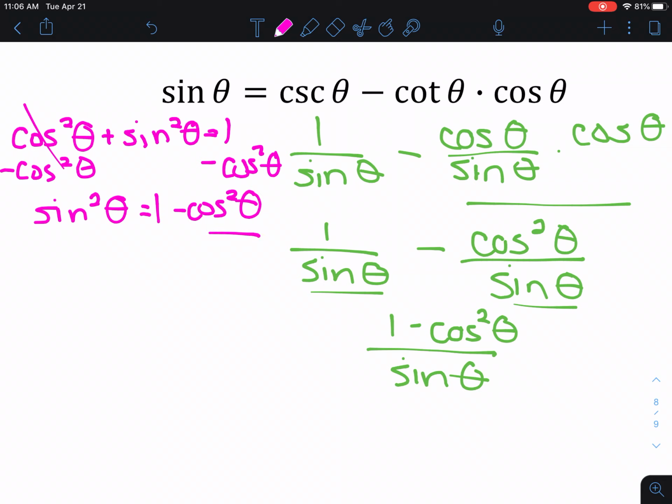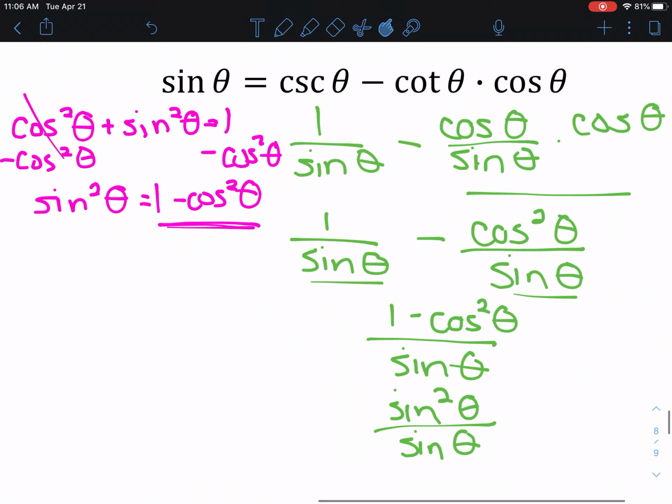So that means this right here is the same as the top of what I've got over there. So let's finish this off. The top is now going to be sine squared theta over sine theta.